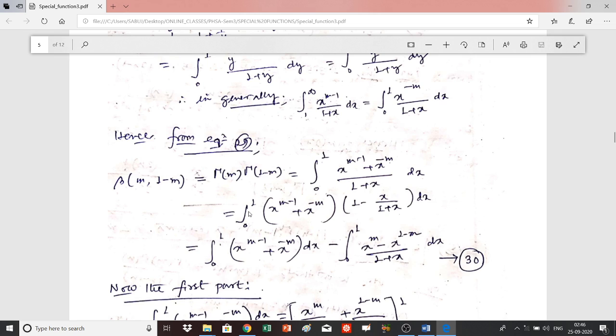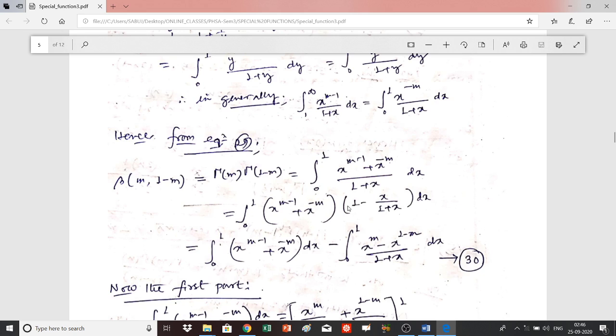This can be written in this fashion: x to the minus 1 plus x to the minus m, then 1 minus x by 1 plus x. Just multiply this term with this term, you will find that this will give you this.